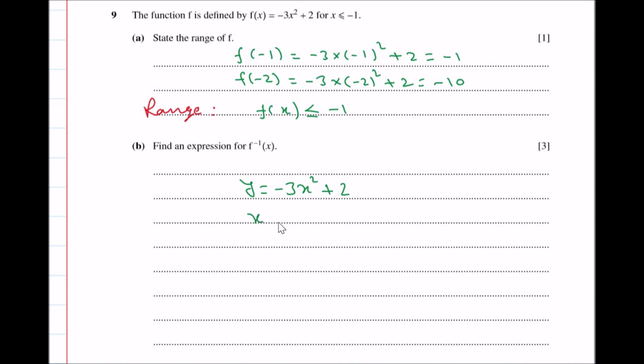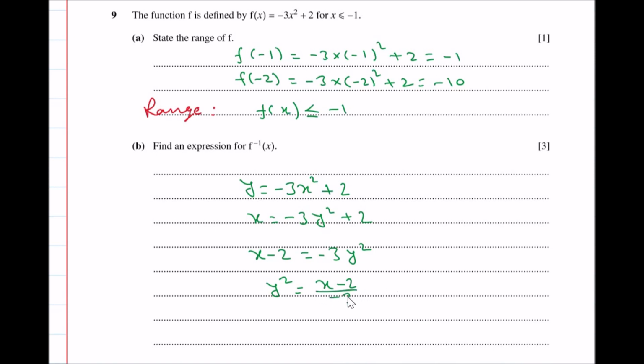So here comes x and here comes minus 3y square plus 2. So we get x minus 2 equal to minus 3y square. Now y square can be written as x minus 2 by minus 3.